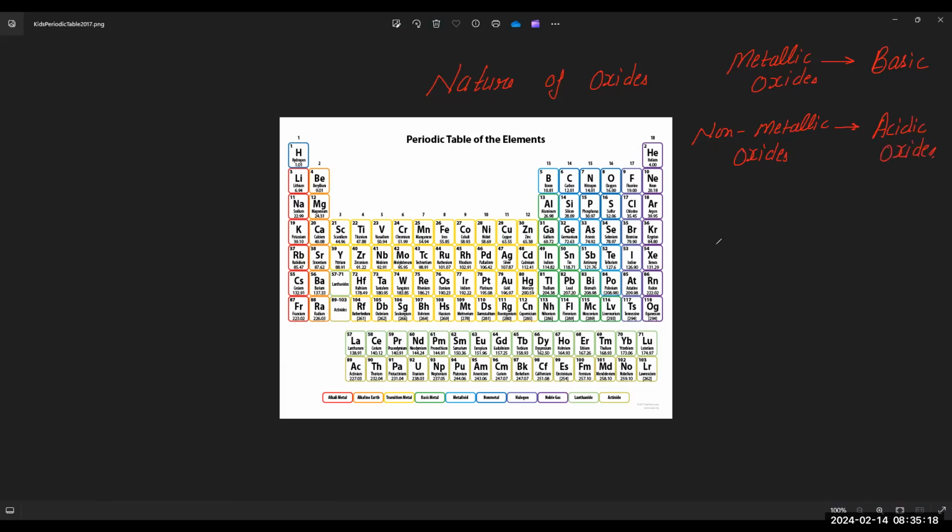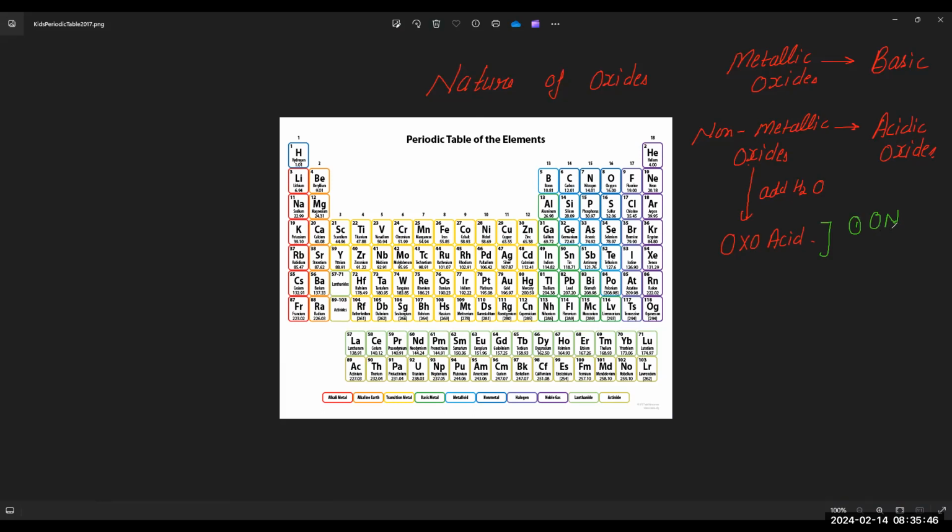Means if you take a non-metallic oxide and add water, you will get an oxo acid. And for the oxo acid, you are going to use the same rule: the oxidation number of the central element, ON.